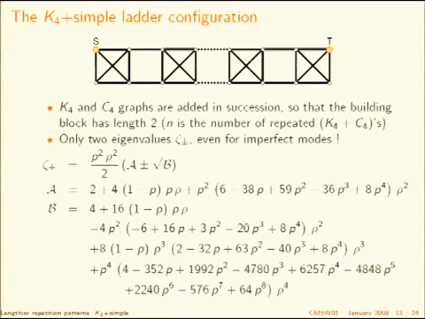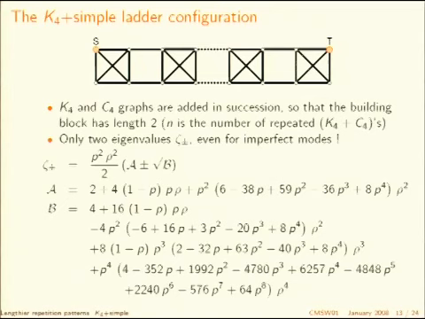In a first step, you can consider the following network in which you have K4 and C4, K4, etc. And here the number n will correspond to the number of individual repetition patterns.